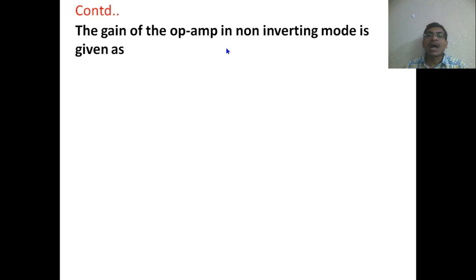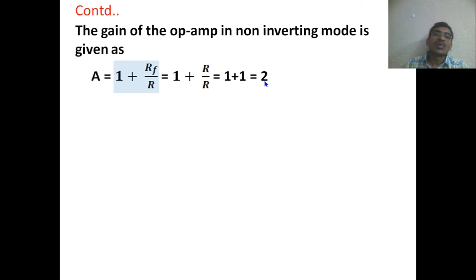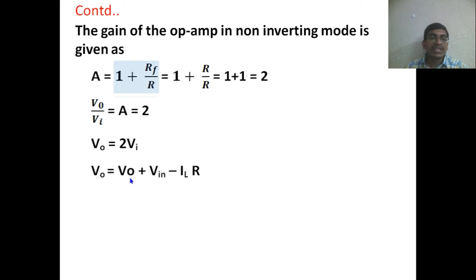Now we are going to calculate the gain. The gain of an op amp in non-inverting mode is given as A is equal to 1 plus RF by R1. Here RF and R1 values are both the same, equal to R. That's why R by R is equal to 1. So the gain will be equal to 2, and the output voltage, which is gain into input voltage, is 2 into V1.